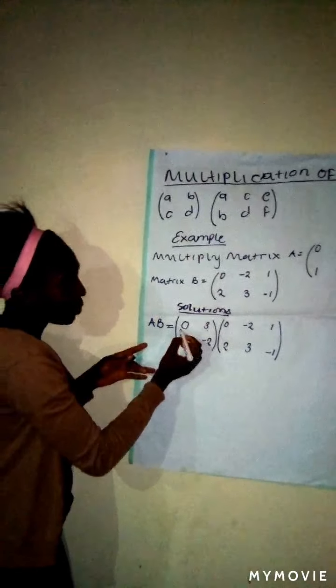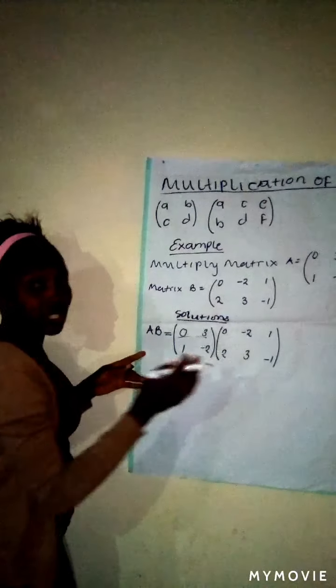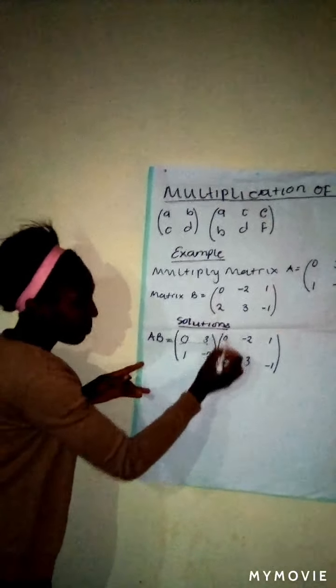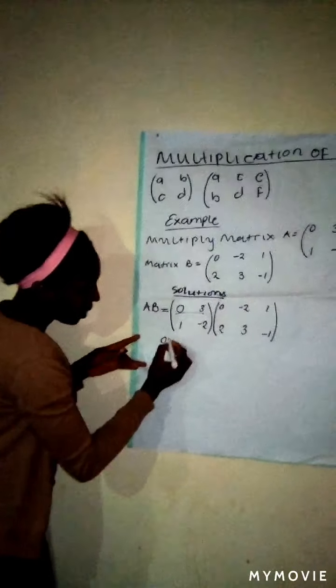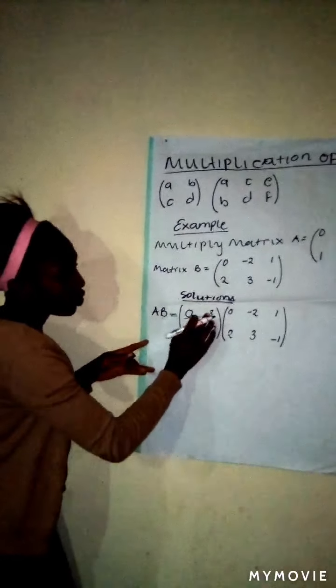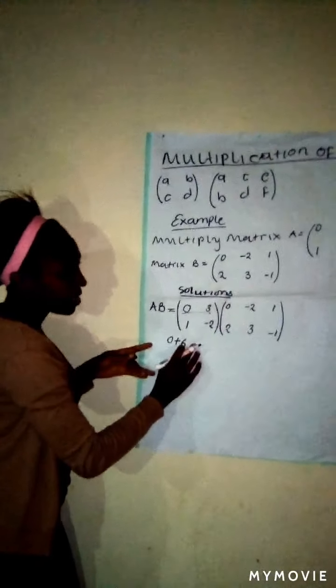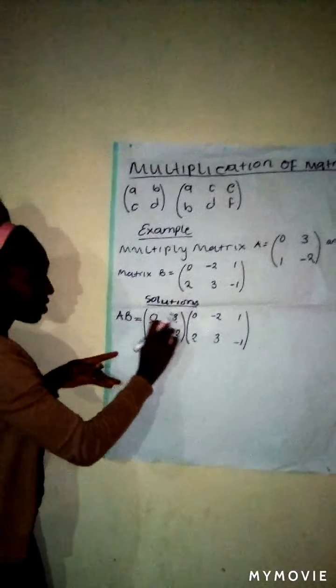I start with the first row and multiply it with all the columns in the second matrix. The first row multiplied by the first column: 0 times 0, I have a 0, plus 3 times 2, I have a 6. I leave a space to indicate that I'm going to the second column in the same row.